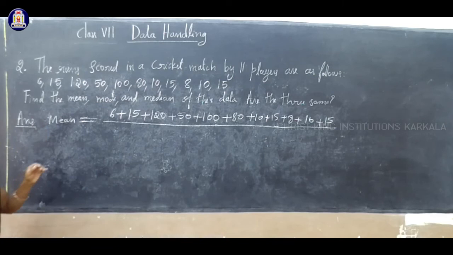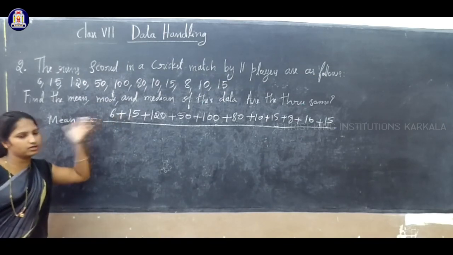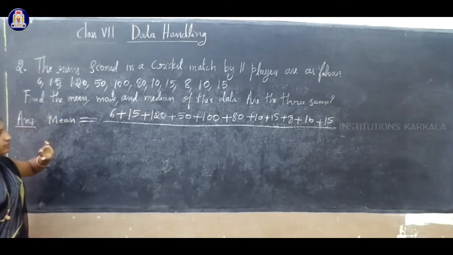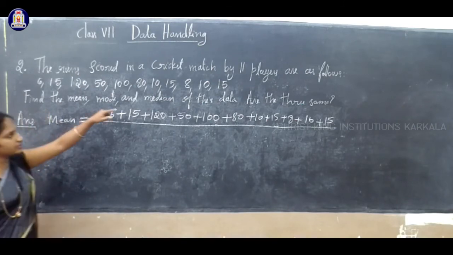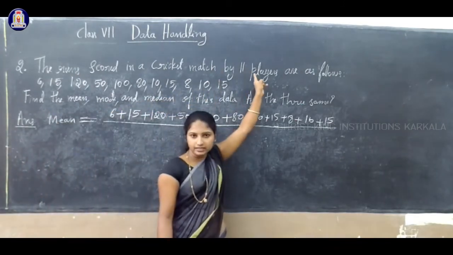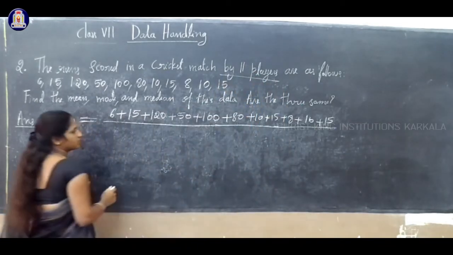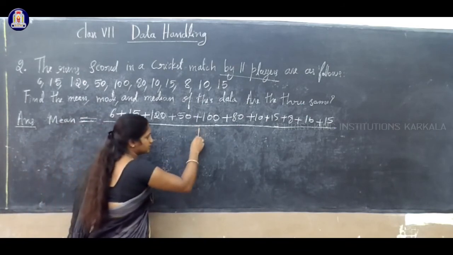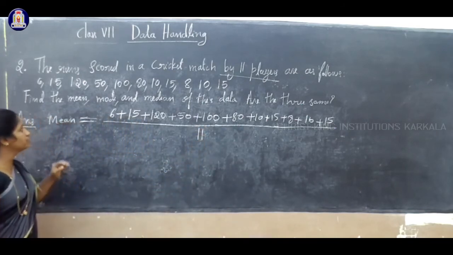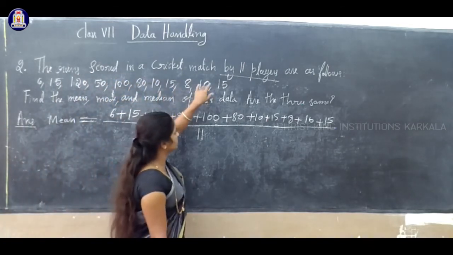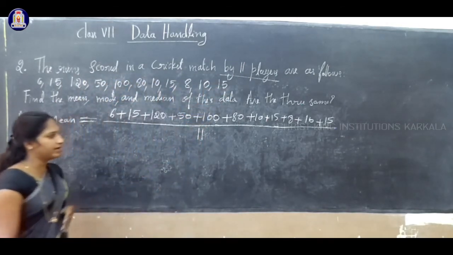Add and write. Sum means plus. So the sum of all the given data divided by the total number of terms. How many members played? Here it is given 11 players. 11 players played in a cricket match. Okay. So now you write the number of terms, that is 11. If you want, you can count 1, 2, 3, 4, 5, 6, 7, 8, 9, 10, 11. Clear? So divided by 11.